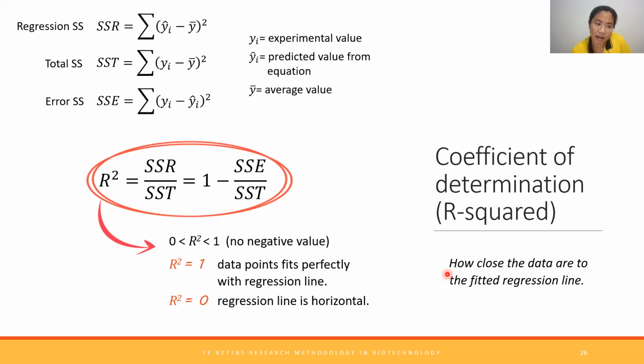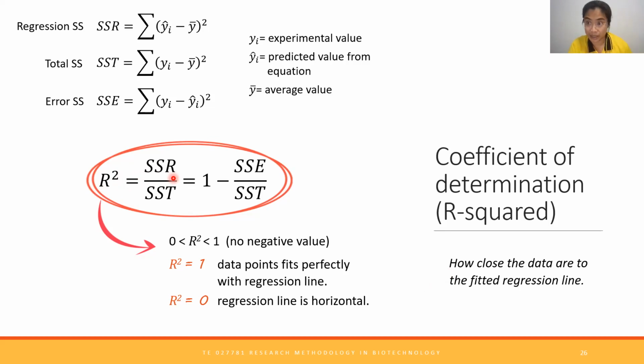When I say that R-square may not tell you directly that the line is the best fit, it is because R-square values actually come from calculations. This is the formula used to calculate R-square. R-square is calculated from the regression sum of square.